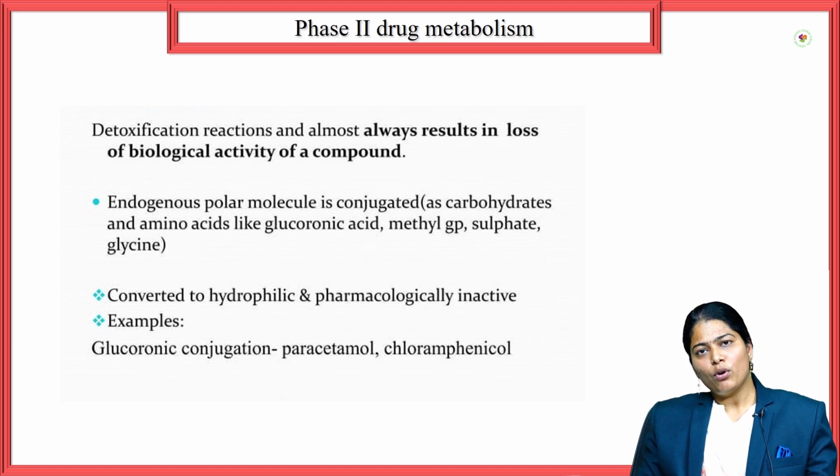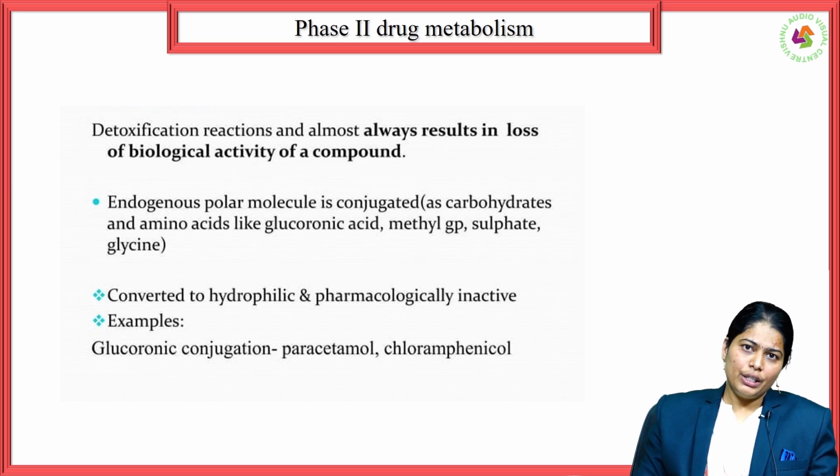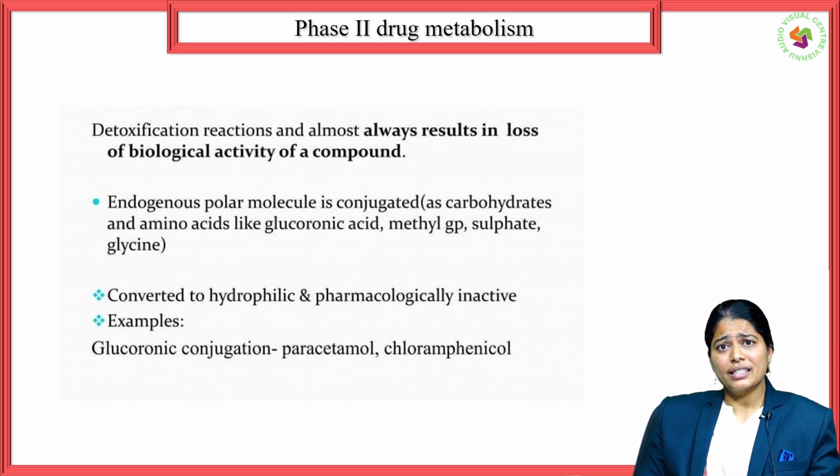Endogenous polar molecules are conjugated, such as carbohydrates and amino acids like glucuronic acid, methyl groups, sulfate, and glycine conjugates. In phase 1 reactions, many drug substances are already converted into water-soluble compounds.